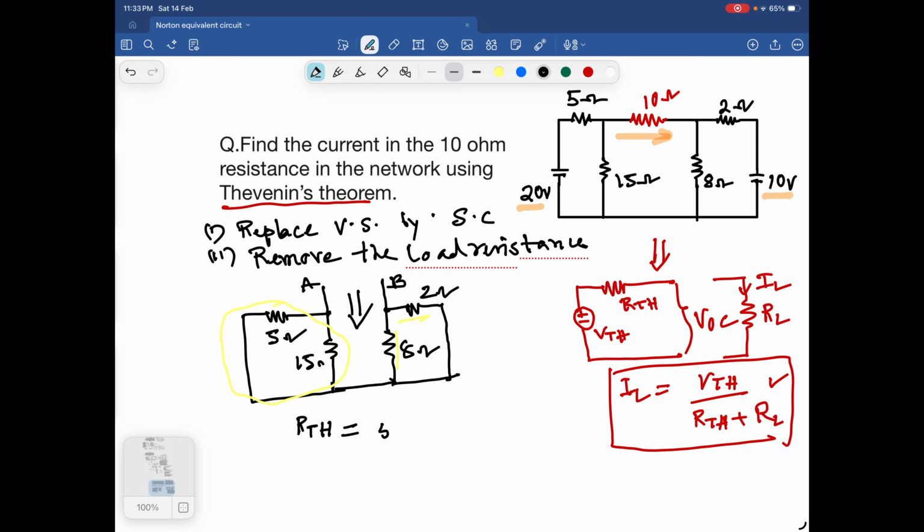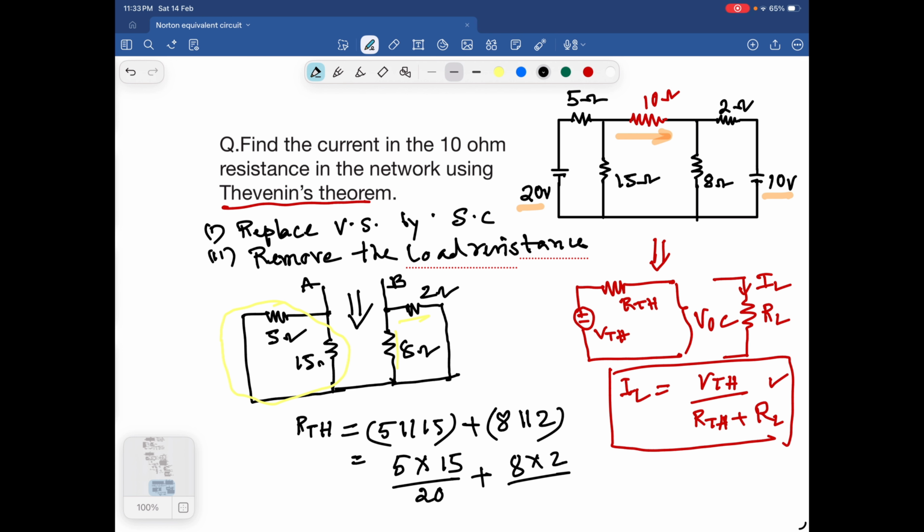So 5 parallel 15 plus 8 parallel 2. This is 5 into 15 by 5 plus 15, which is 20, plus 8 into 2 by 8 plus 2, which is 10. So this is 4 and this one is 5. So this is equal to 15 by 4 plus 8 by 3.